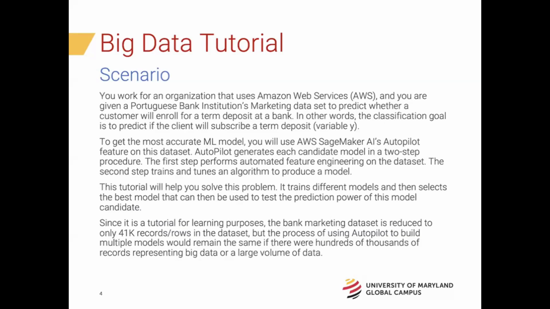So basically, we're just running a test, simulating it. If we can do it for 40,000-plus records, then it should, in theory and practically, also work for many, many more records, which would come like a big data kind of volume.